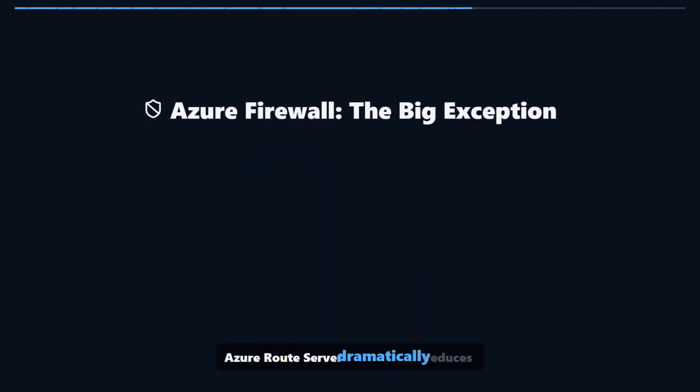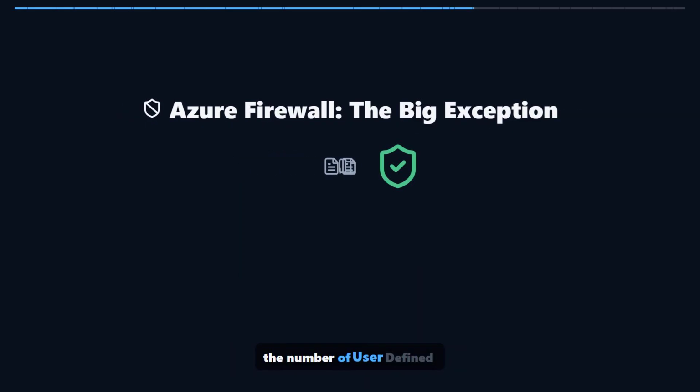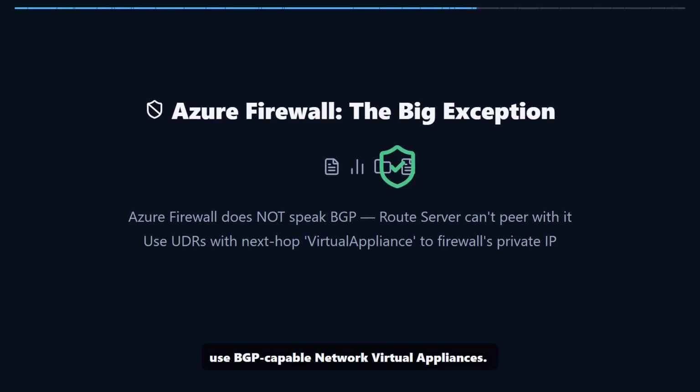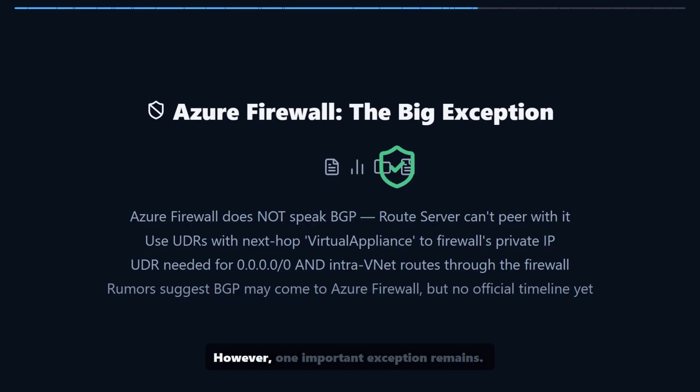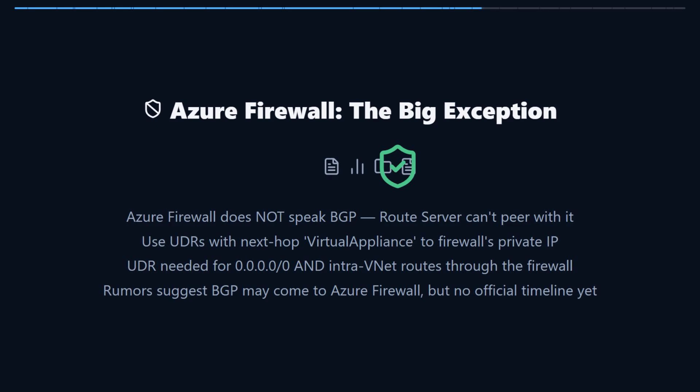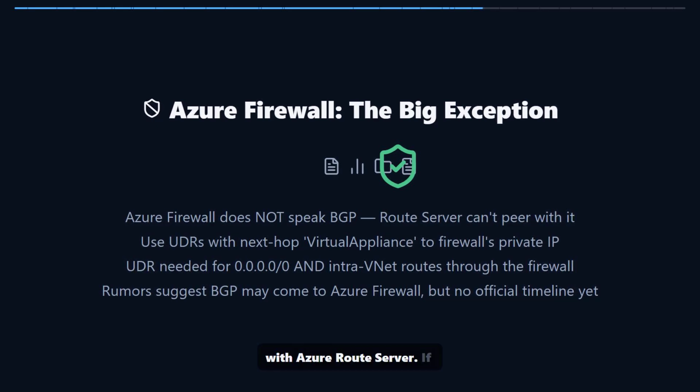Azure Route Server dramatically reduces the number of user-defined routes required in environments that use BGP-capable network virtual appliances. However, one important exception remains. Azure Firewall does not currently participate in BGP route exchange with Azure Route Server.